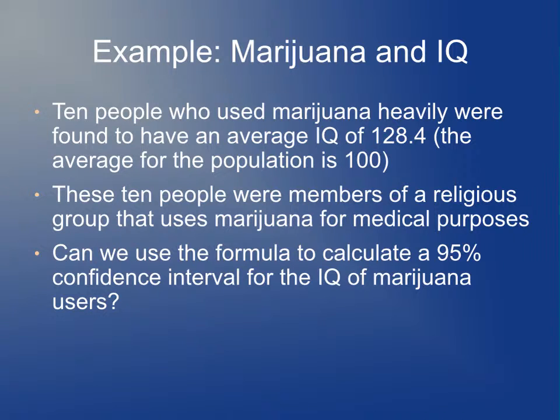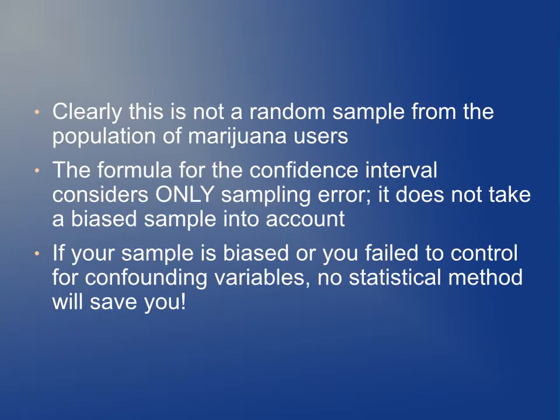The average for the population is about 100. I believe the standard deviation is about 15. This is an impressively high average IQ. Can we use these numbers to create a confidence interval for the average IQ of marijuana users? Maybe, contrary to popular opinion, marijuana actually makes you smart.